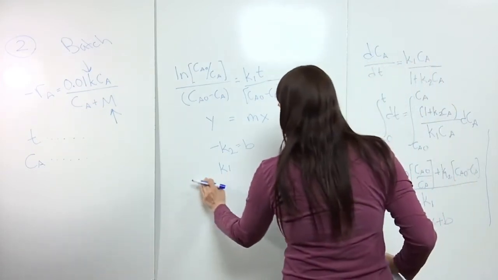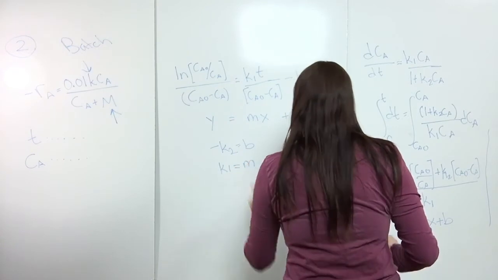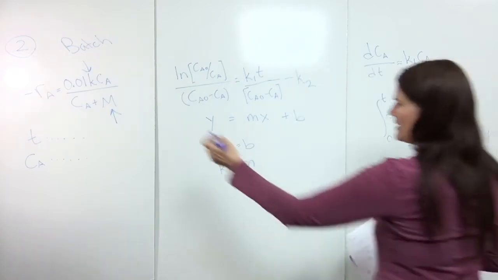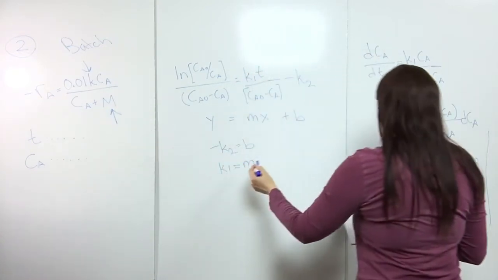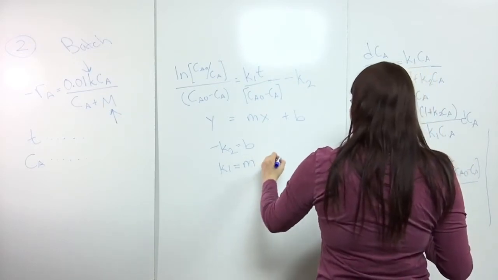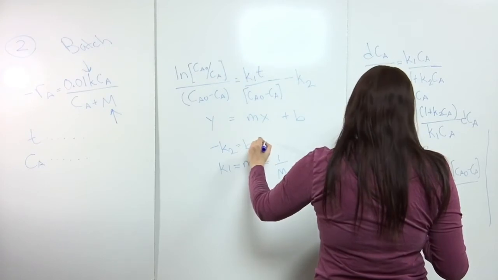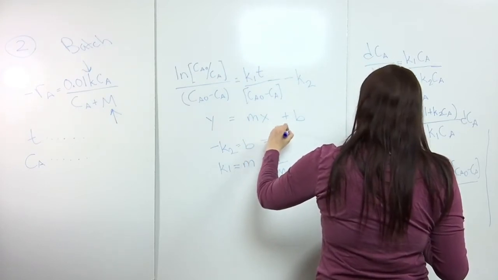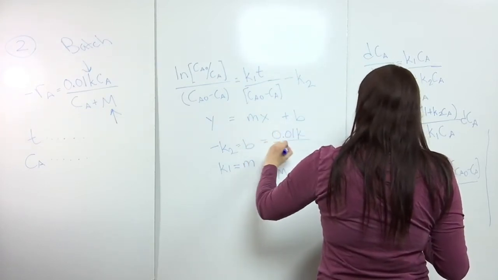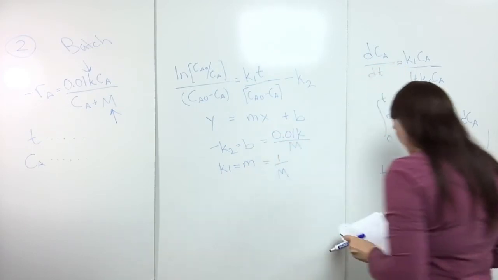So then K1 is just equal to m. And then we can solve for the K and m in this equation because we know that K1 is equal to 1 over m, and this one is equal to 0.1 K over m.